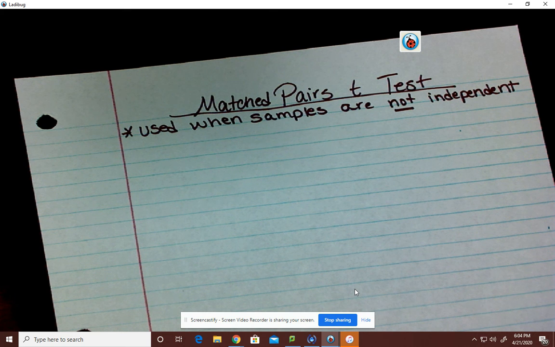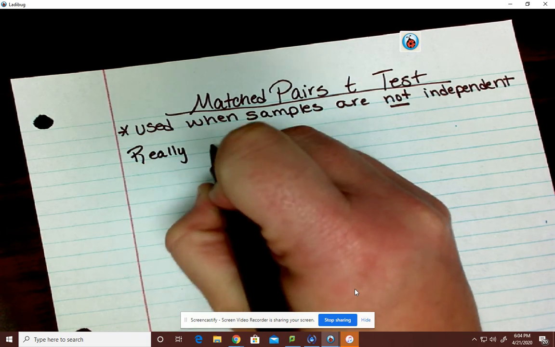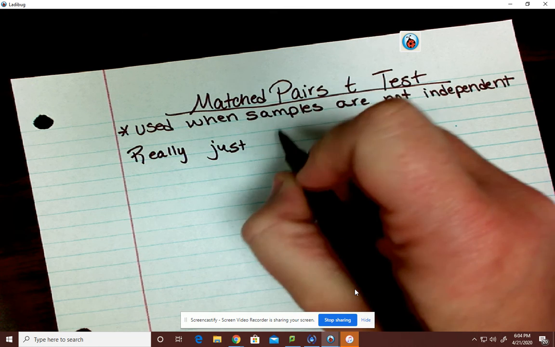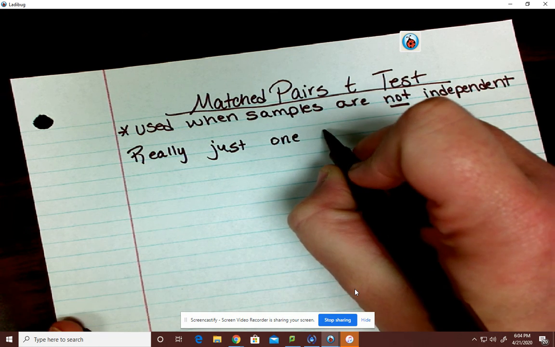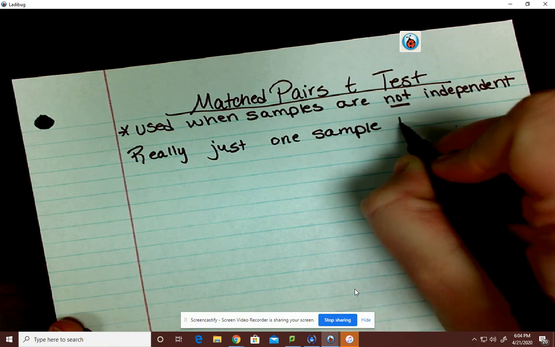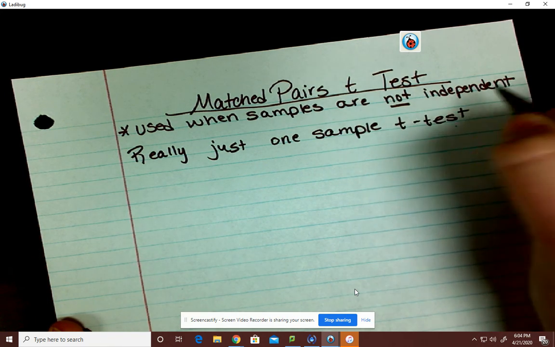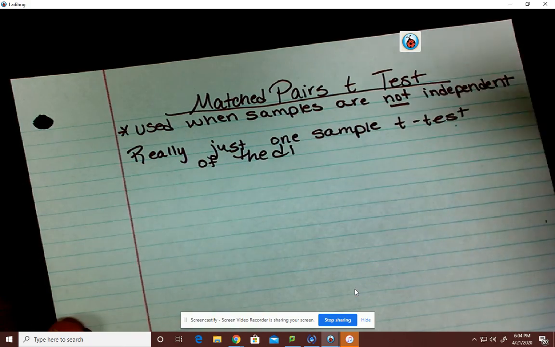So just some things to look for in specific questions. Now, here's the thing, this is really just a one sample t-test for the differences in the two groups. And we already know how to do a one sample t-test, hopefully.